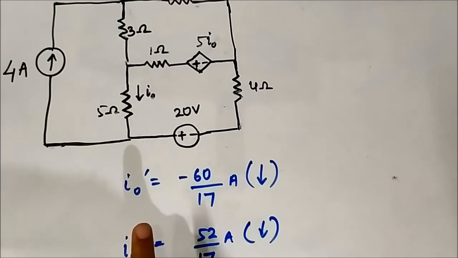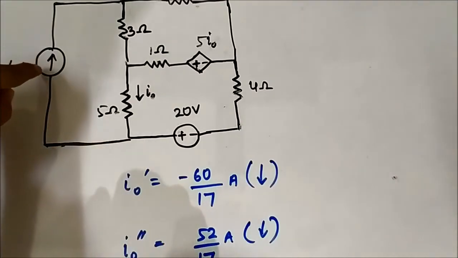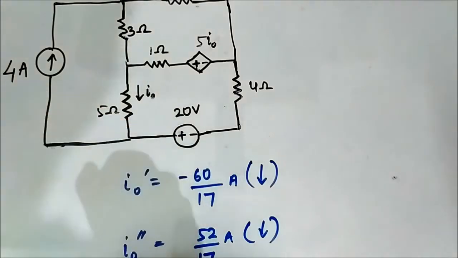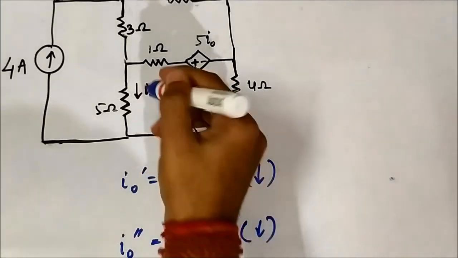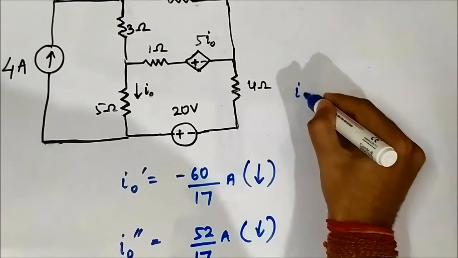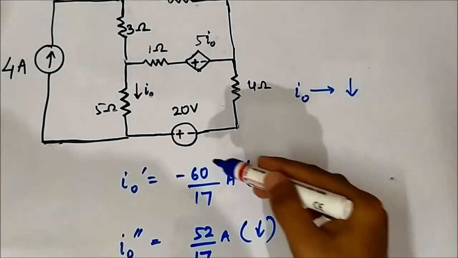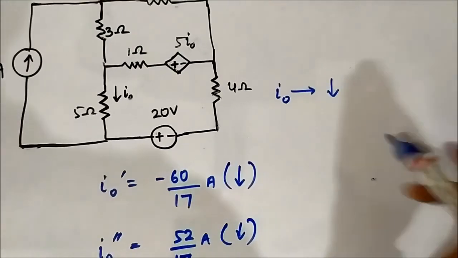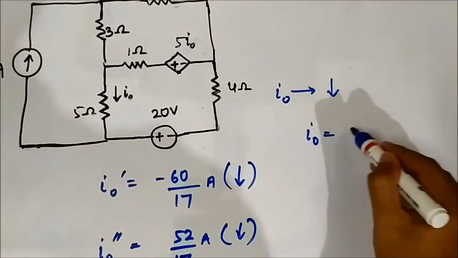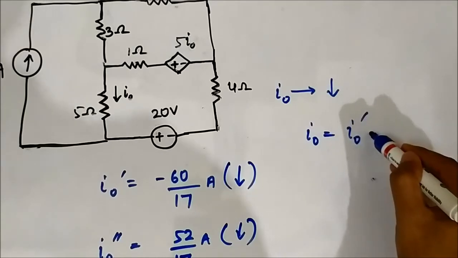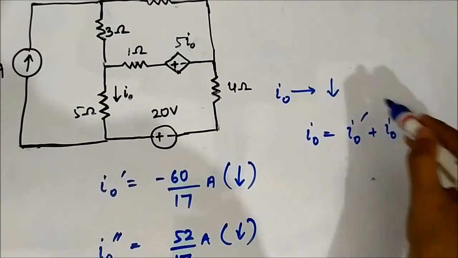And in the second case, in which we considered the 4 ampere current source and deactivated the 20 volt voltage source by short circuiting it, we determined this unknown current I0'' as 52 by 17 ampere, also downwards. Now this current I0 which has been asked, its direction is also downwards. So these two are in the same direction. So I0 will simply be I0' plus I0'', because they are in the same direction.